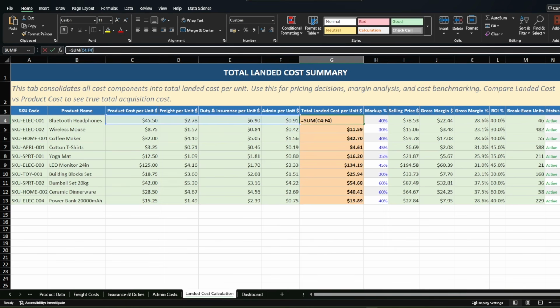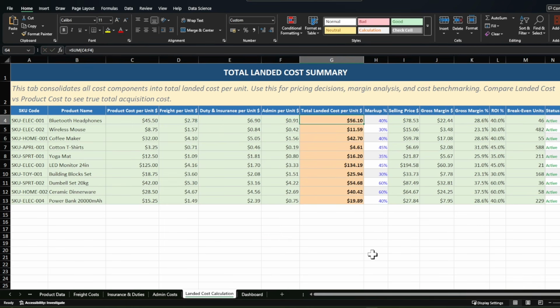If we sum all of these, we get the total landed cost, which is 56.10. So the cost of acquiring this particular Bluetooth headphone and selling it to the customer will be around 56.10.